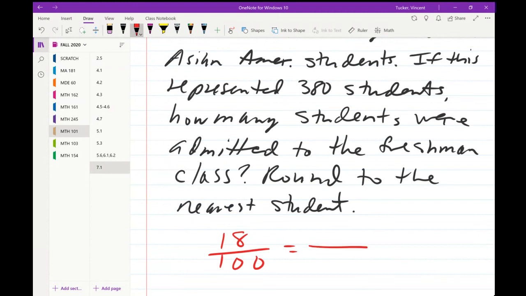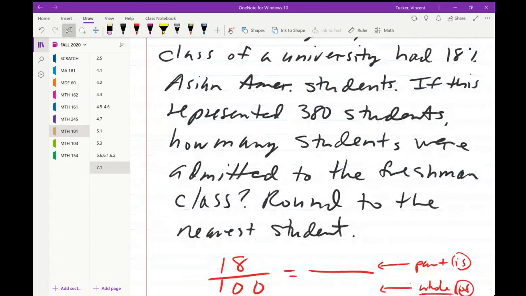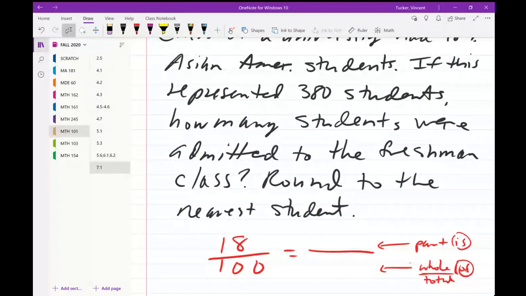But like I said, when we go to the next one, we need to make sure the part or is over the whole or the total, which is our of. So 18% of the student population, or the freshman population, are Asian Americans. This represented 380 students.